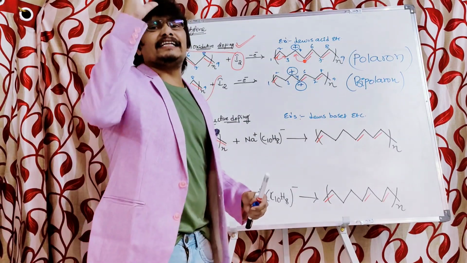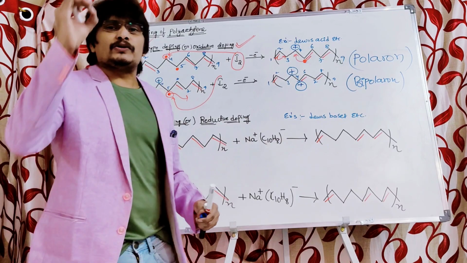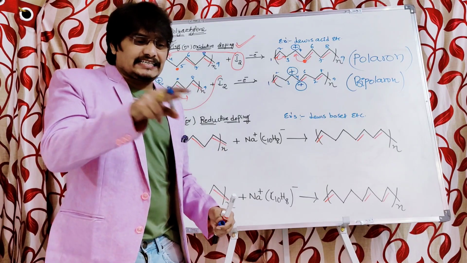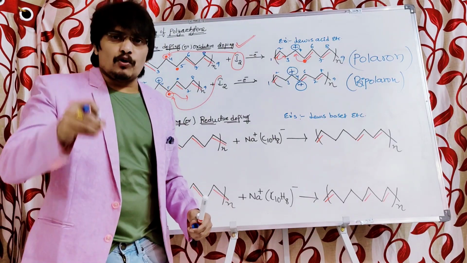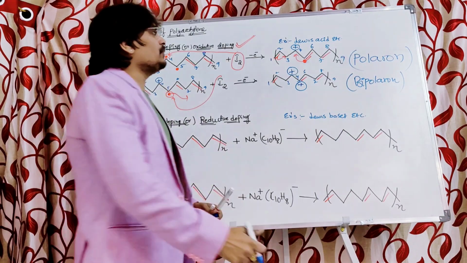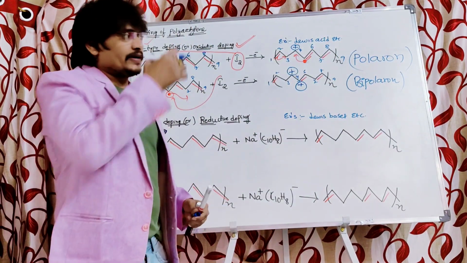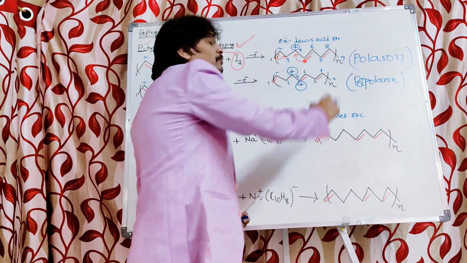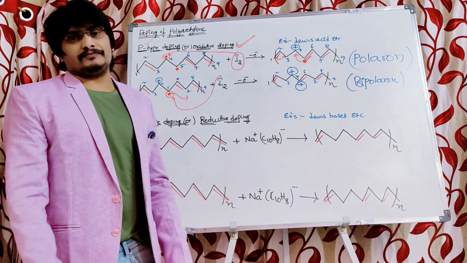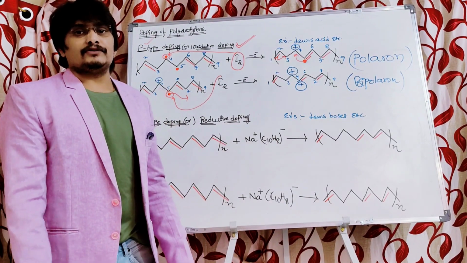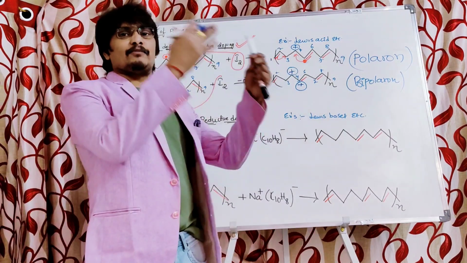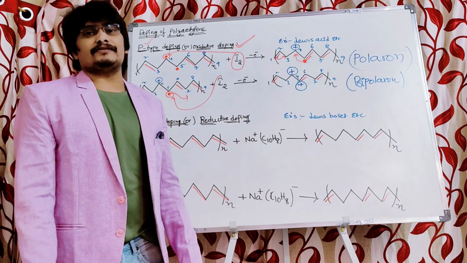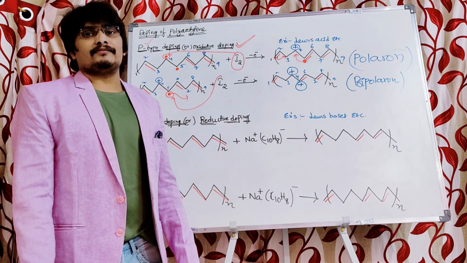Since it is highly unstable, in order to stabilize these positively charged carbon atoms which are adjacent to each other, the electrons move very fast when compared to the polaron. So the electron movement in the bipolaron is the fastest. Definitely the conductivity will increase many times. I hope you got it.